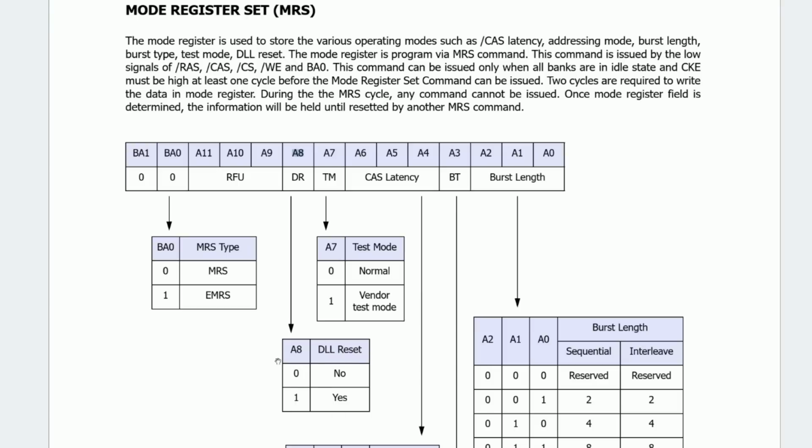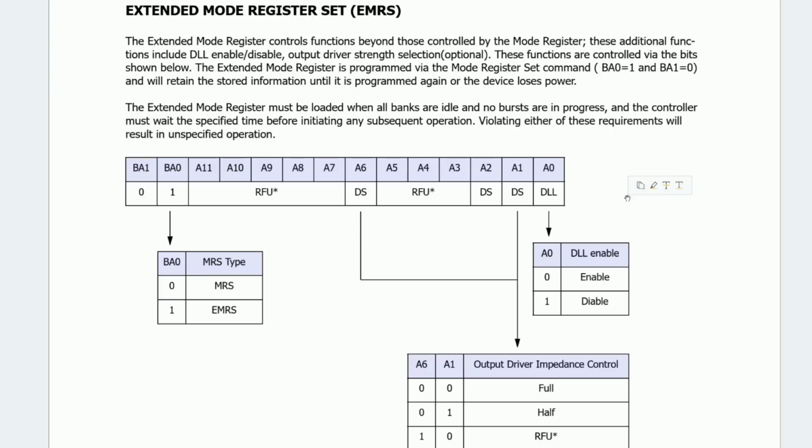In general, it is advised to always do a DLL reset. If we swap A8 and A9 in the hardware but don't swap them in the software, then you won't get a DLL reset. The eMRS does not have a similar issue because both of those bits are reserved for future use, so they don't do anything.